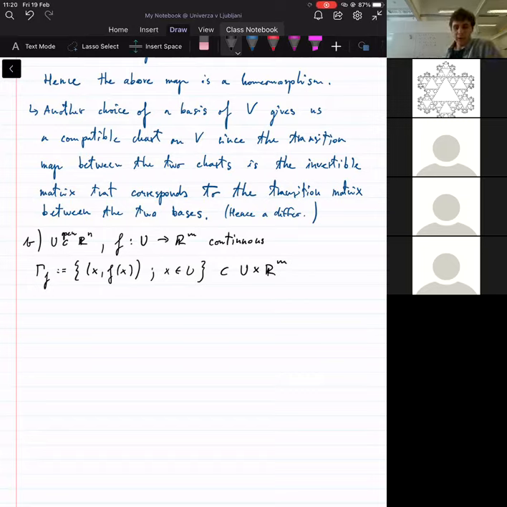For topology, we really have no choice. We just take the subspace topology, the regular one.